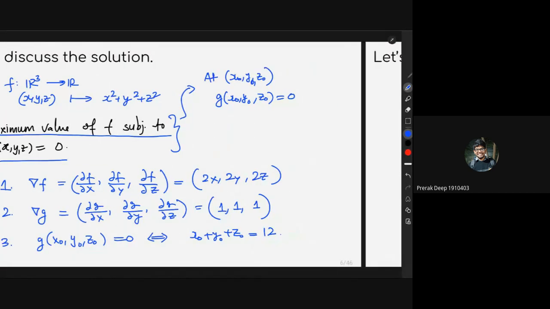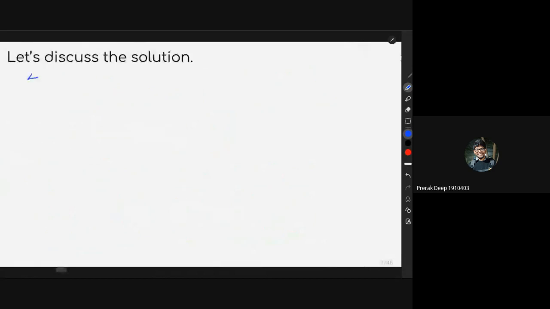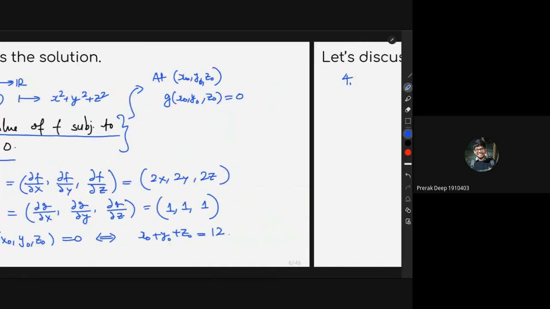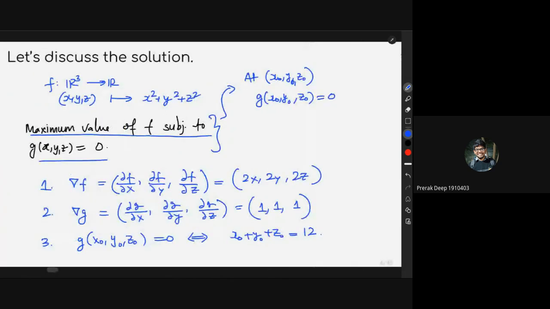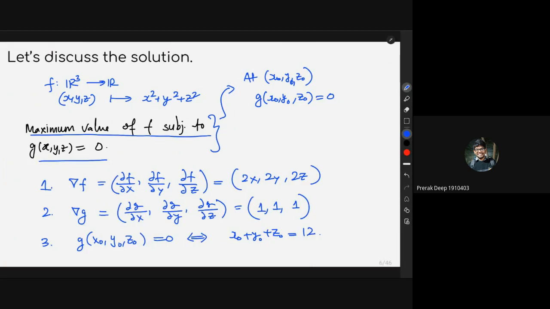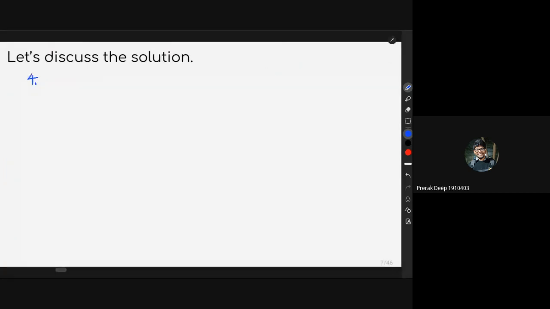Okay. Fourth step is to compare the gradient of f and the gradient of g. What do we mean by compare?